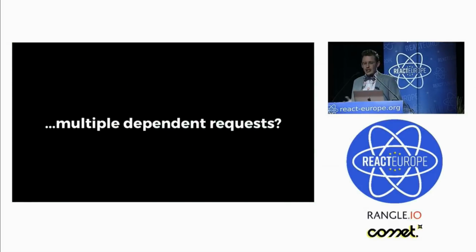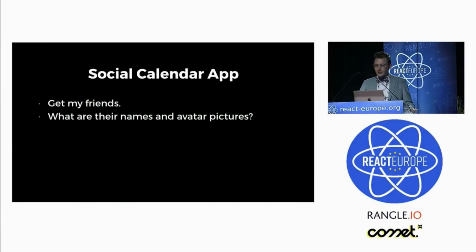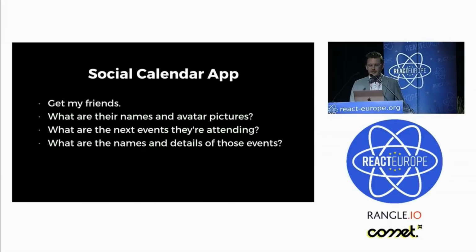And so while REST helped us model our data in terms of a networked service, it can kind of be crippling to performance when our app needs to load data that's dependent on loading other data. So for example, say we wanted to build a social calendar app. First, we'd get our friends, we'd get their names and their avatars, the next events that they were going to attend, and the details and names of those events.